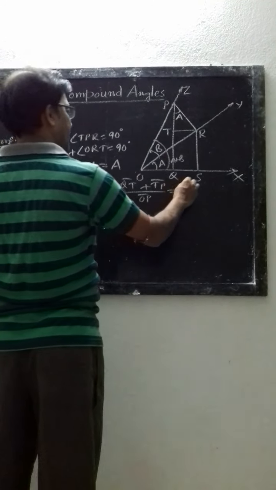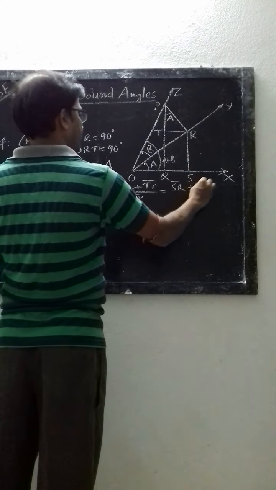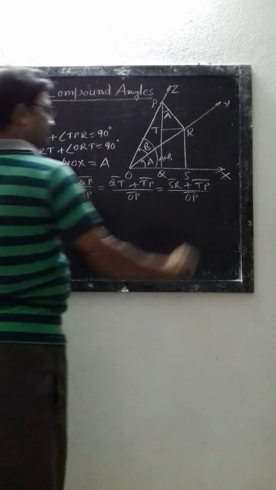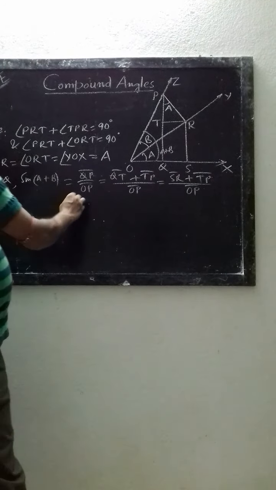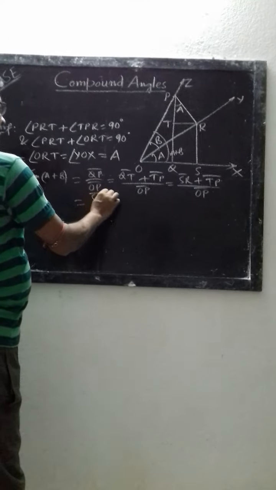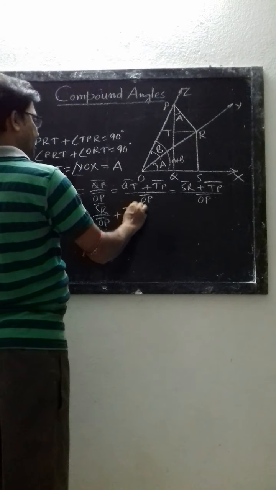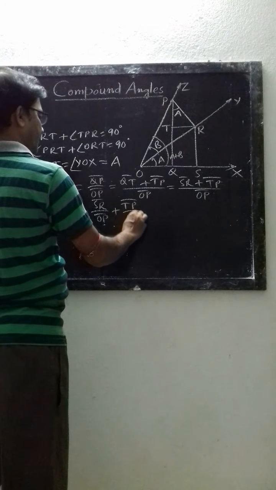QT is equal to SR, so that is SR plus TP by OP. This equals SR by OP plus TP by OP.